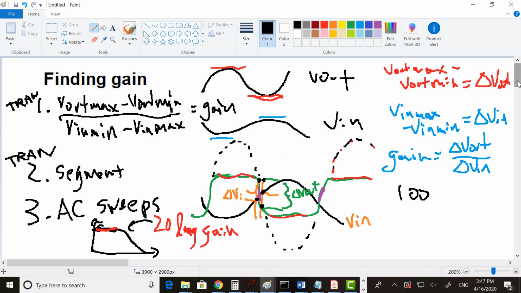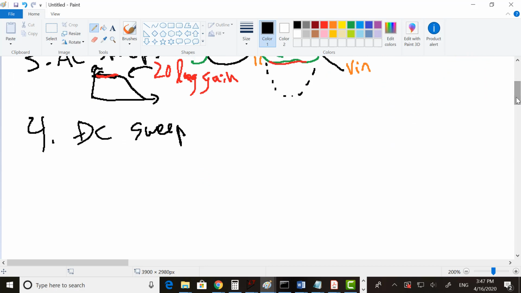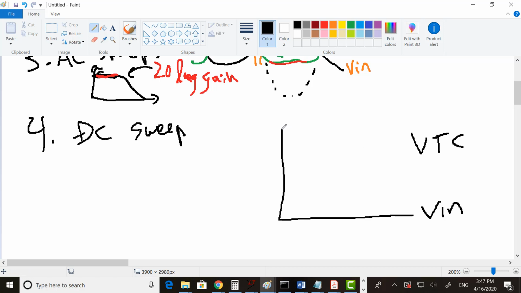The third one would be an AC sweep type simulation, and the fourth one is a DC sweep. And remember, if you are doing a VTC, you must use a DC sweep. And you sweep your V in, and you watch your V out.